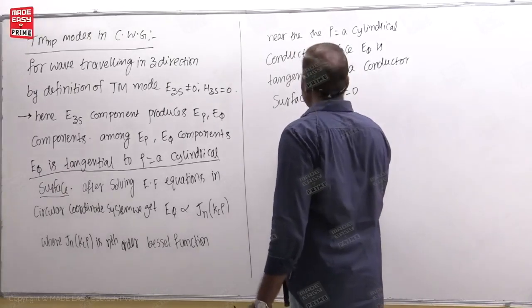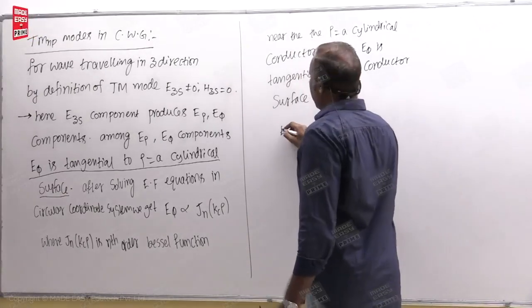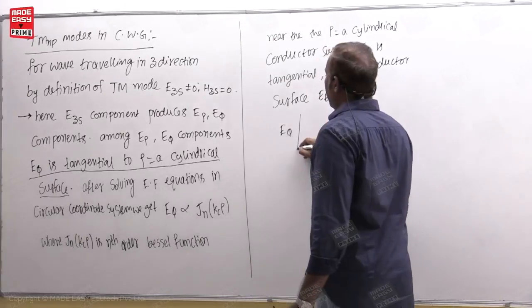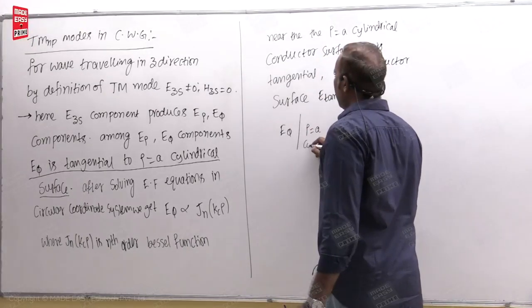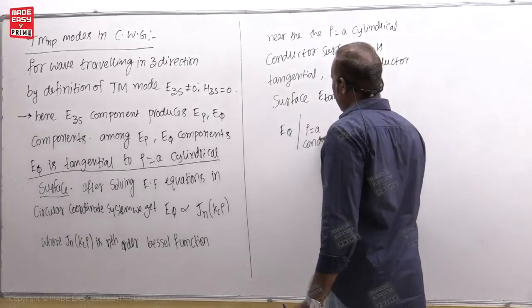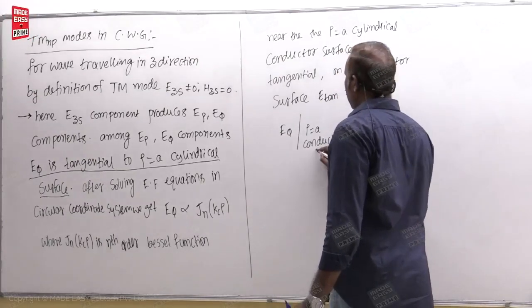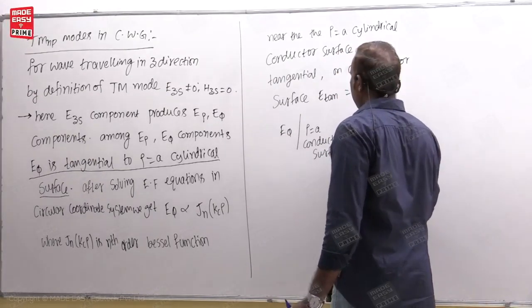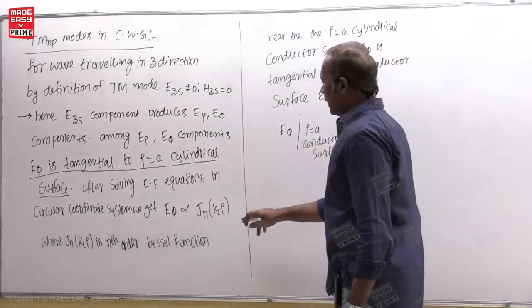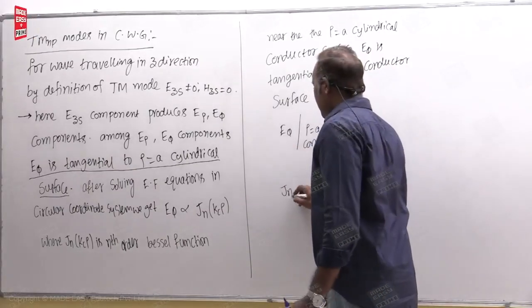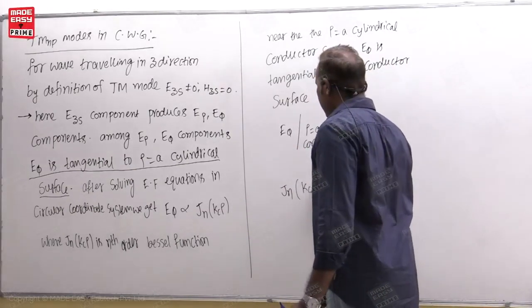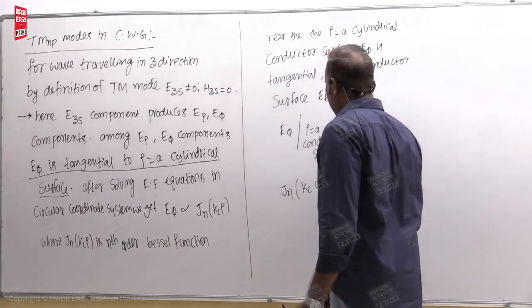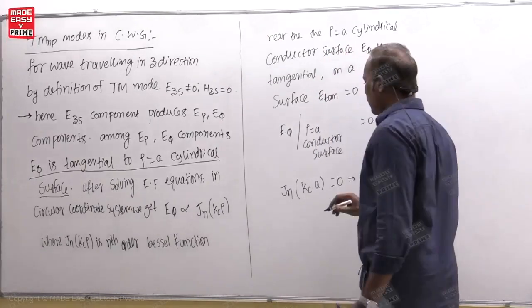So here E phi at rho is equal to a, the conductor surface, is equal to 0, and the electric field phi component is the nth order Bessel function, that is Kc into rho, at rho is equal to a. You have to substitute this equation number 1 here.